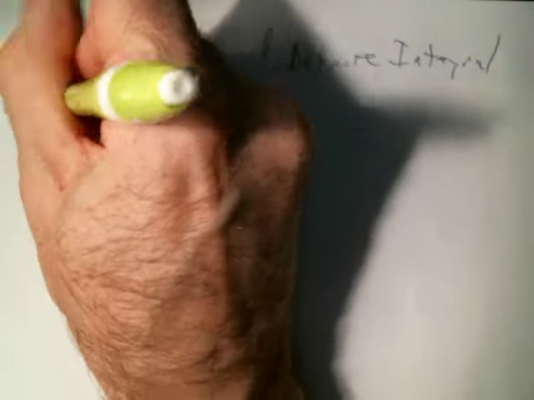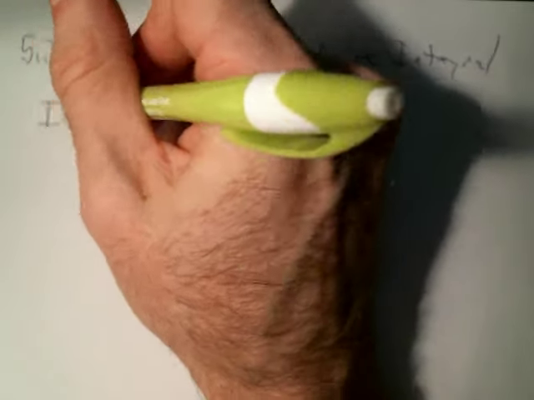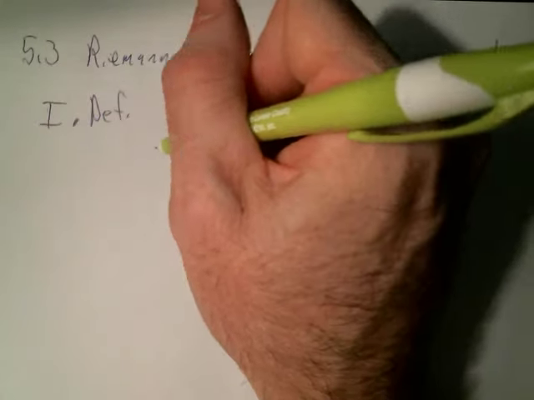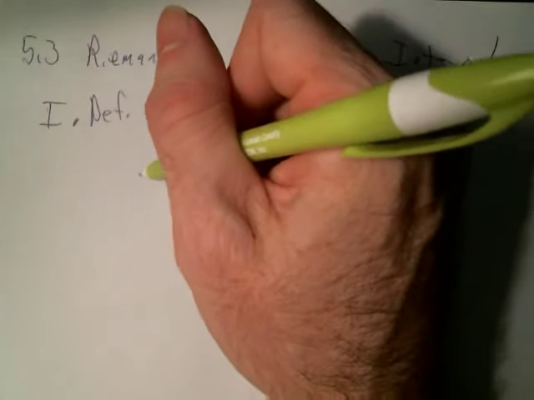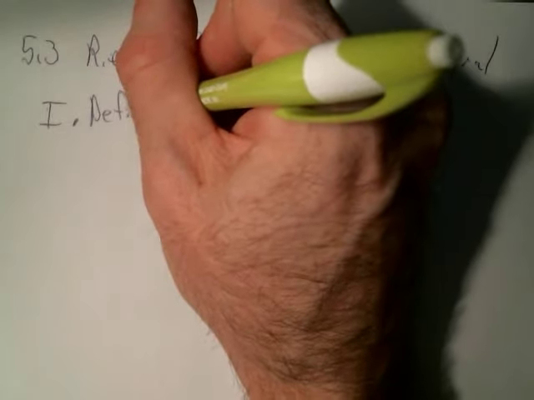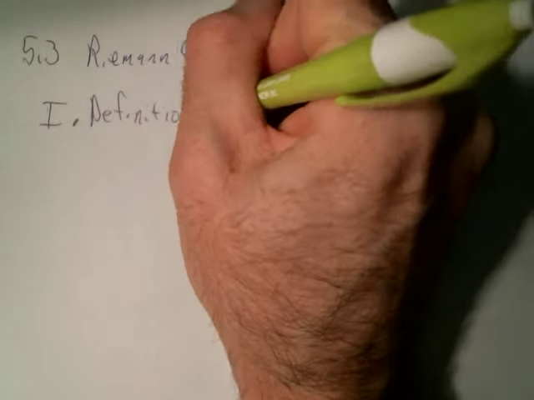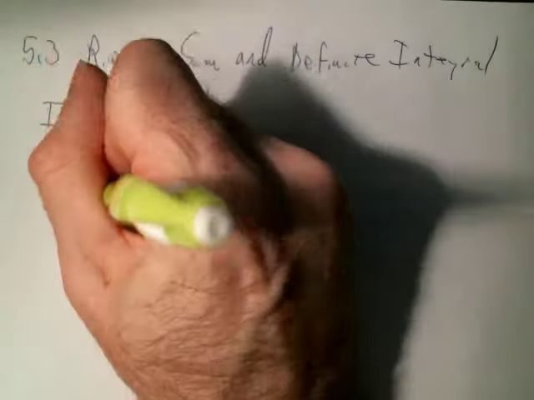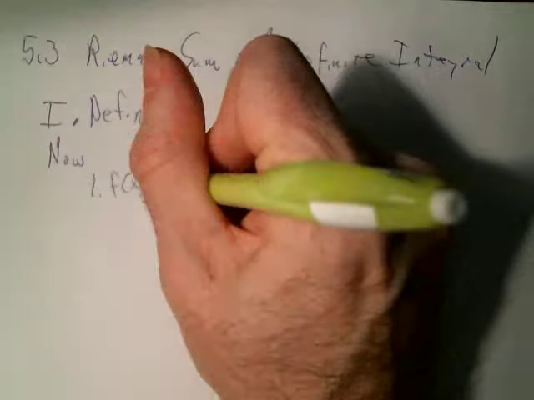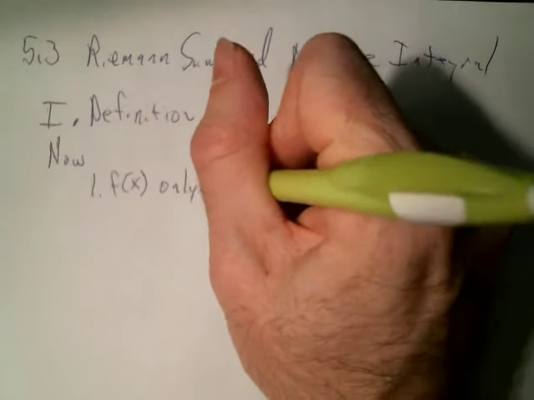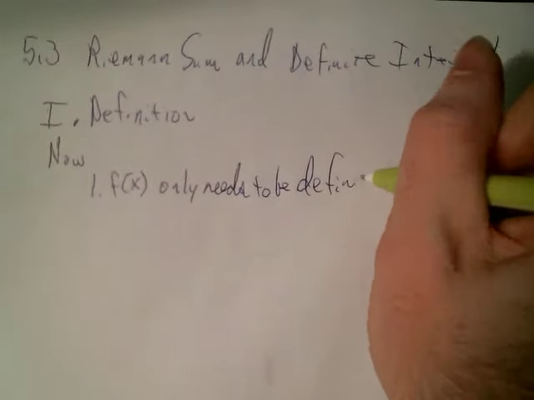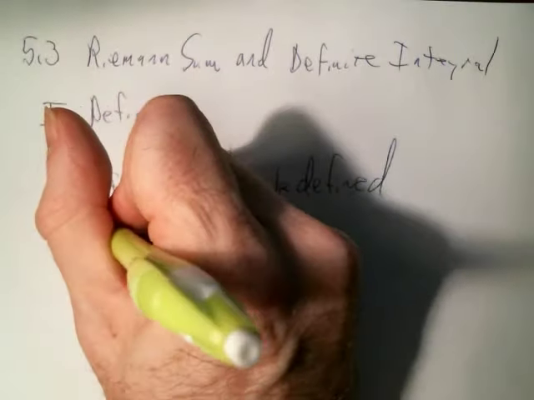So first we begin by generalizing our previous work on these summations, these sums of rectangle areas for approximating area underneath the curve, right? So definition. Now in our definitions, we only require f of x to be defined to formulate this sum.